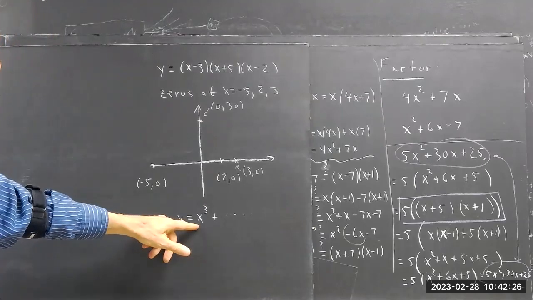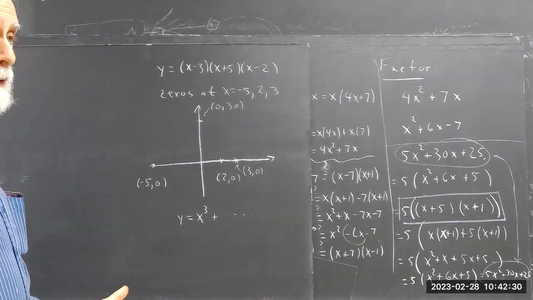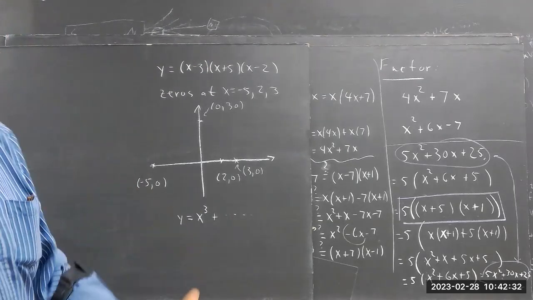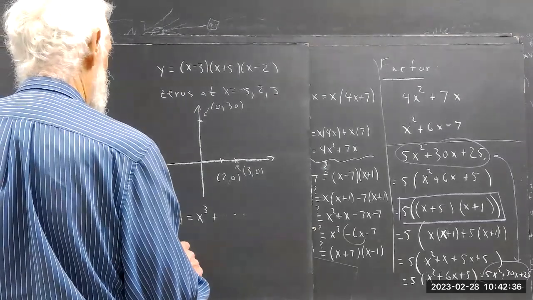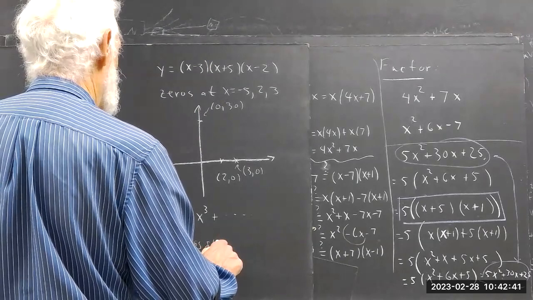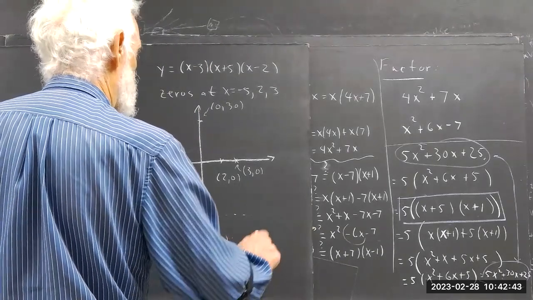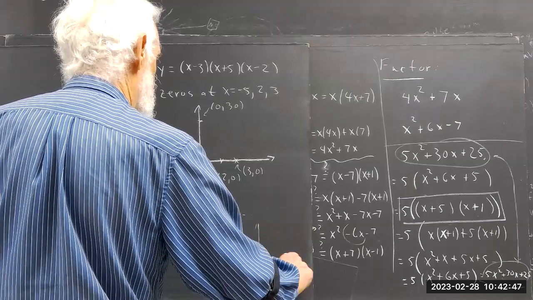Okay, it's going to be an x cubed out in front. This x cubed is going to make this thing act like the cubing graph. And the cubing graph looks like this.